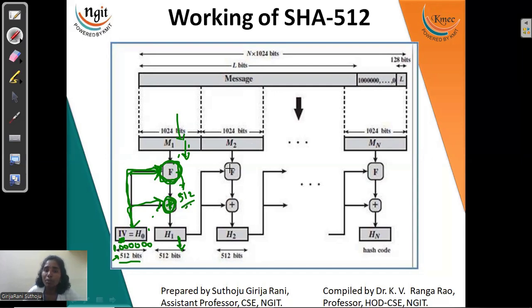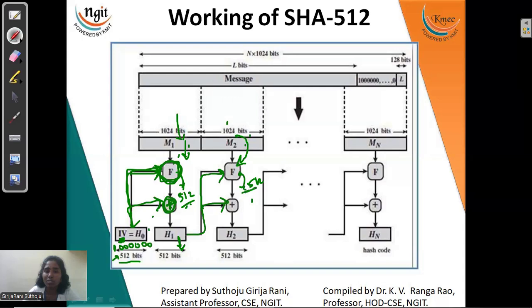Now, before moving to M2, we should store this 512 bits for the XOR operation for M2. See, M2 1024 bits, you carry forward to the compression function, and the compression function will be giving us 512 bits of data.